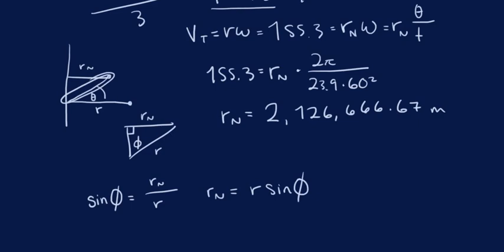I'm silly. Okay, so the inverse sine of Rn over R is going to equal phi.